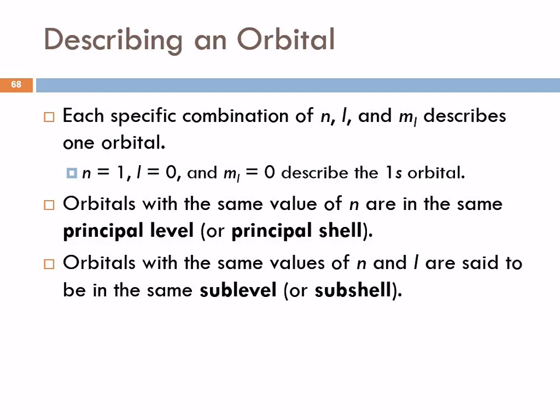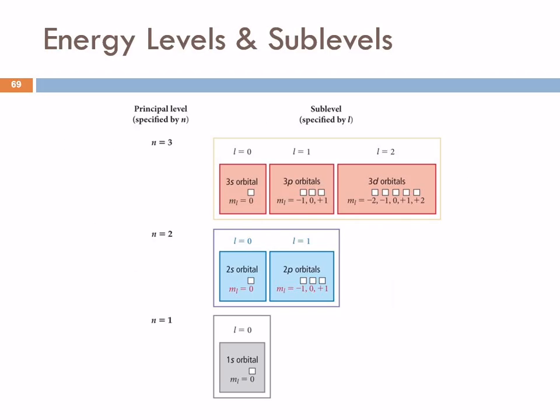So kind of in the same general orbit, same distance from the nucleus, and roughly the same energy. Orbitals that have the same values of n and L are said to be in the same sublevel or subshell. Okay, so this makes it easier to talk about.